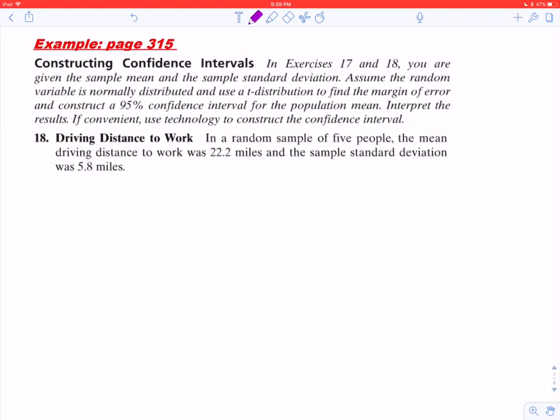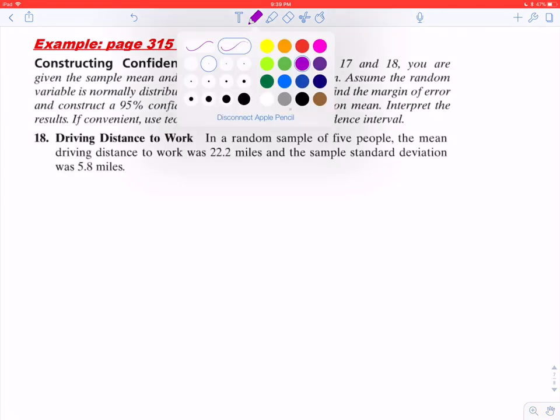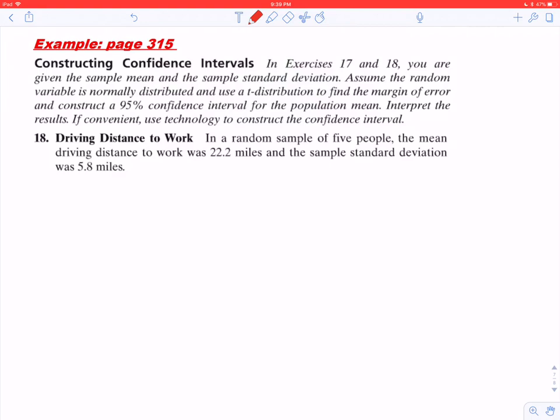So let's look at our first example where we don't have that information. So just like I would always do, I'm going to start by writing down everything I know. So I have a random sample of 5 people. Notice again, I've got a mean, but it's the mean for the sample. That's a value of X bar at 22.2 miles.